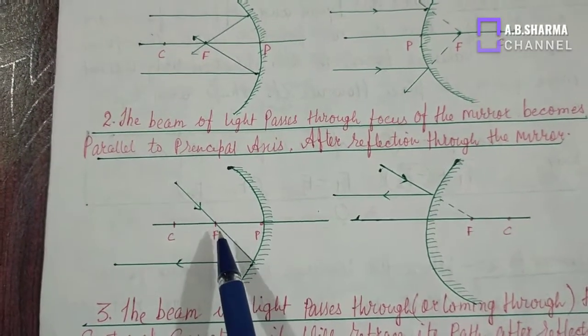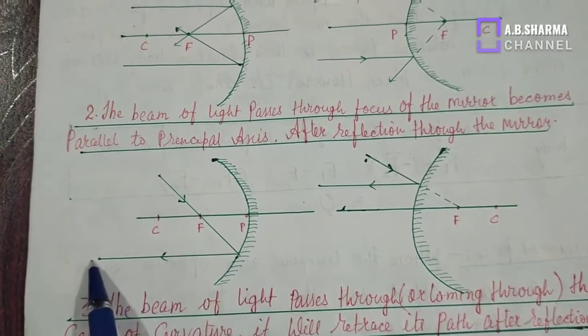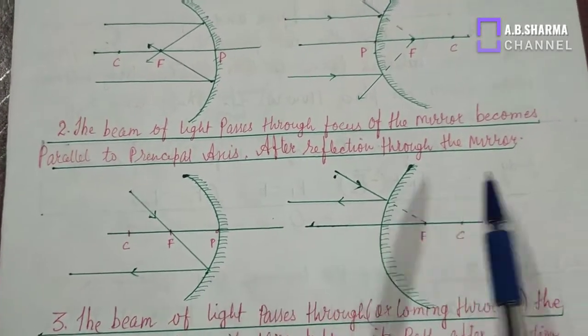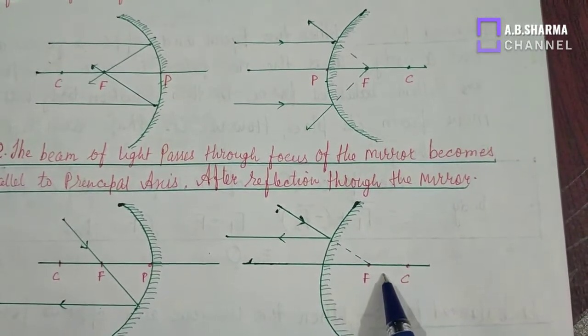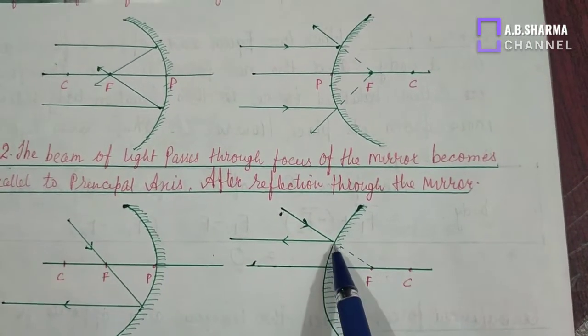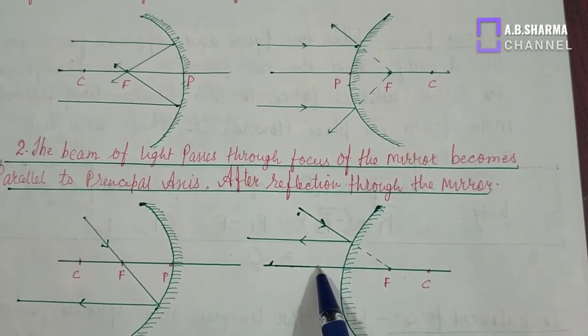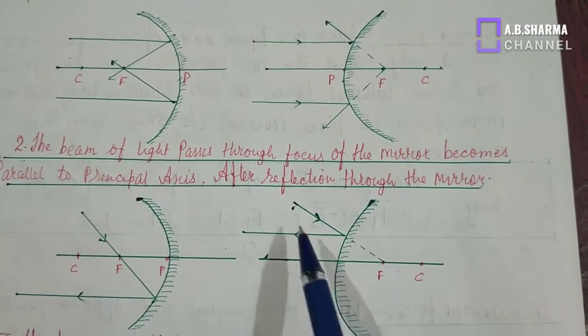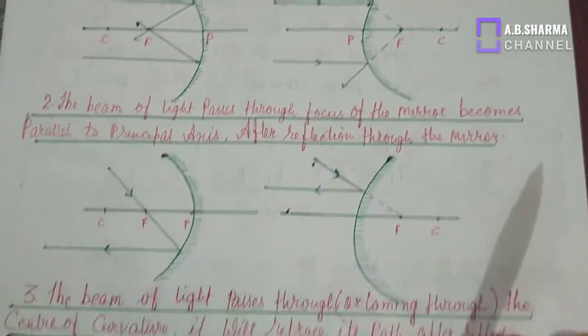This is the second type of ray. In the case of a convex mirror, the light ray directed toward the focus will also become parallel to the principal axis after reflection.